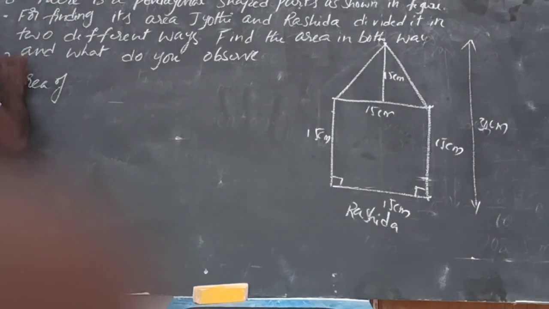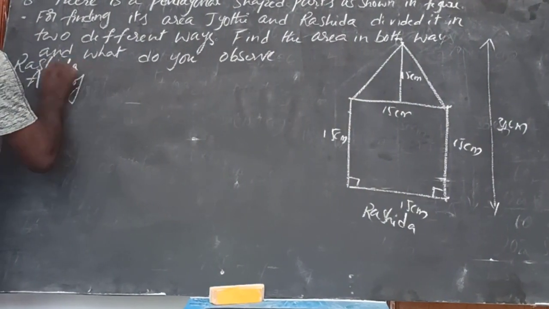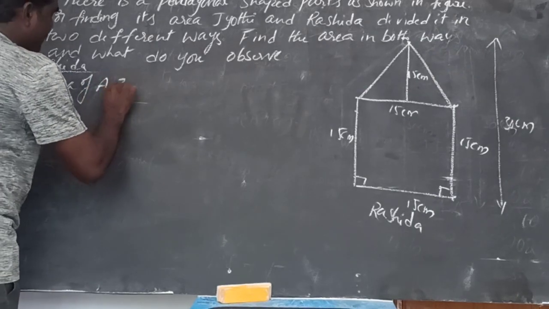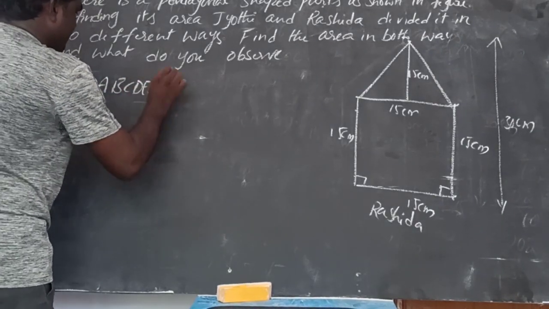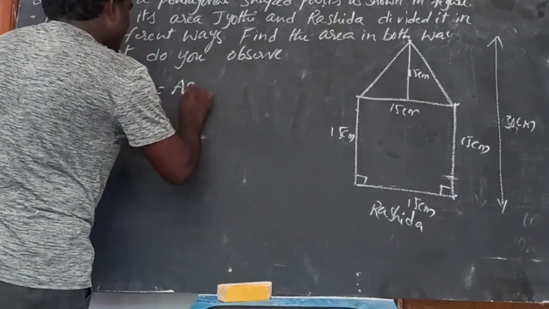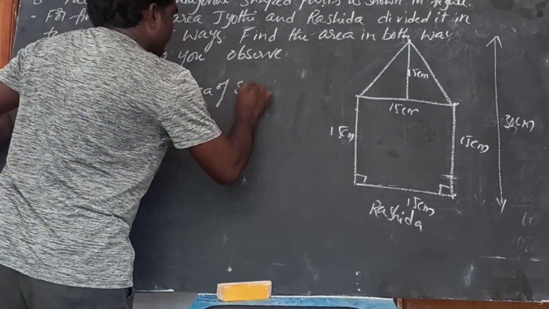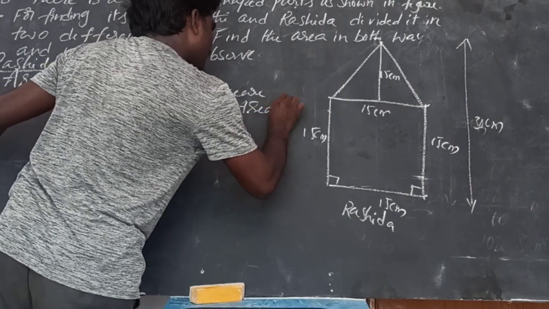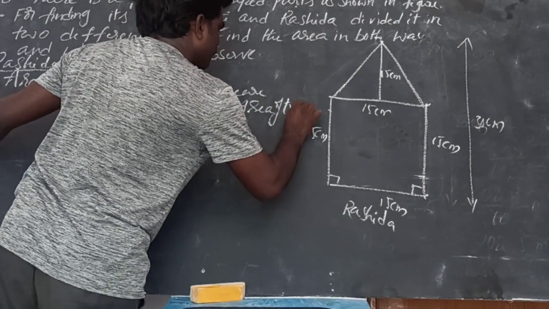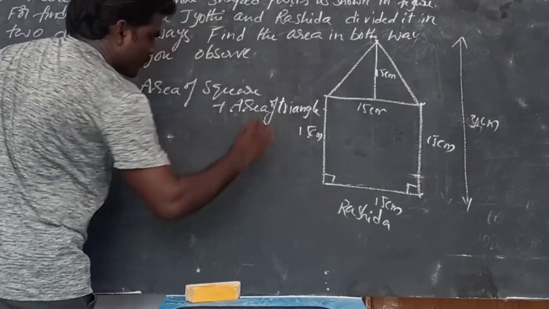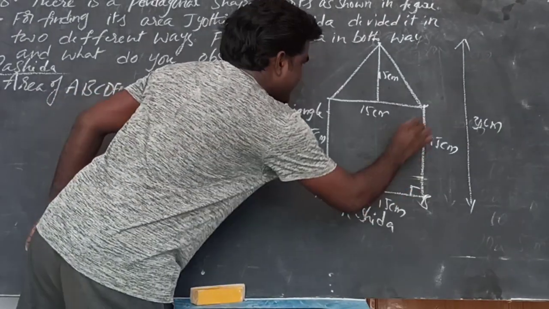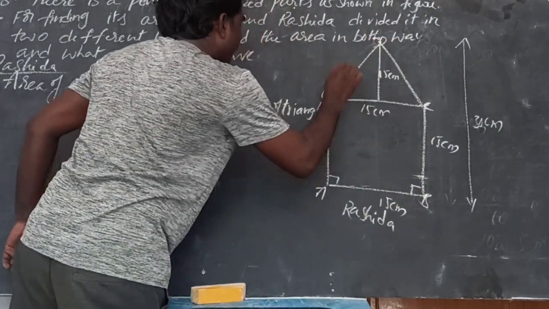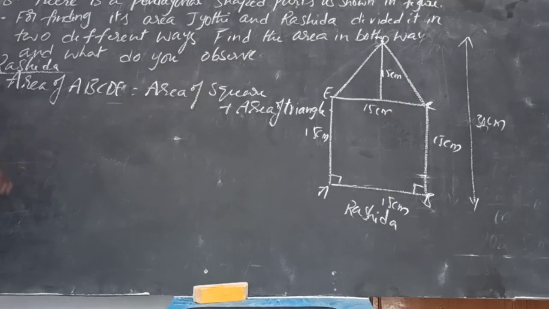Okay, area of ABCDE is equal to area of square plus area of triangle. Area of square is side into side. Area of triangle is half into base into height.